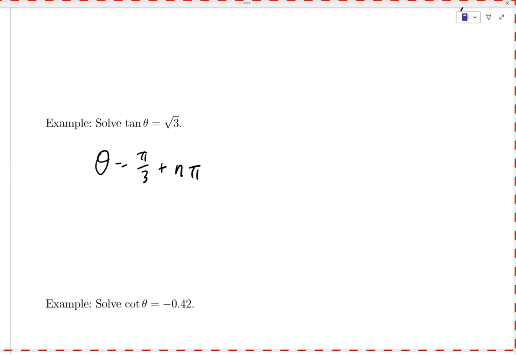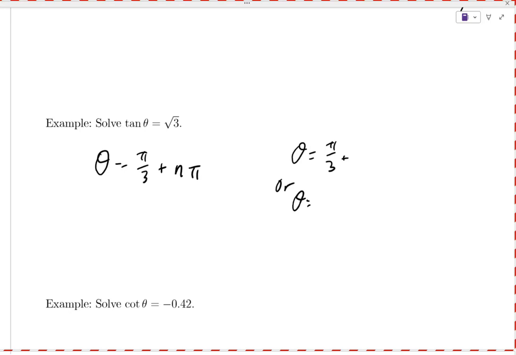Now, say you forgot. Say you forgot, and you're like, I need to find all my solutions in 0 to 2 pi and add multiples of 2 pi. Say you forgot. Okay? Ever forget? Happened to me. All right. How would you do it in that case? Well, pi over 3 was the solution that was in quadrant 1. Where else is the tangent positive? Third quadrant.